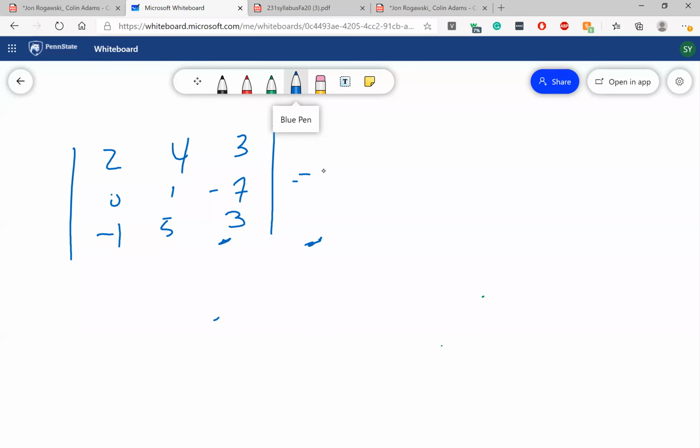Okay, so the determinant of this matrix is going to be 2 times the determinant of the matrix 1, -7, 5, and 3, minus 4 times the determinant of 0, -7, -1, and 3, right?